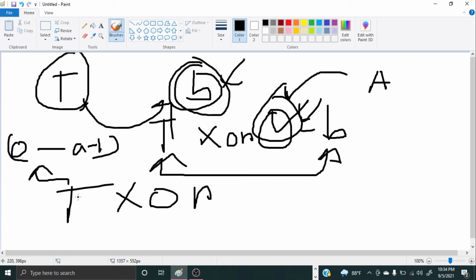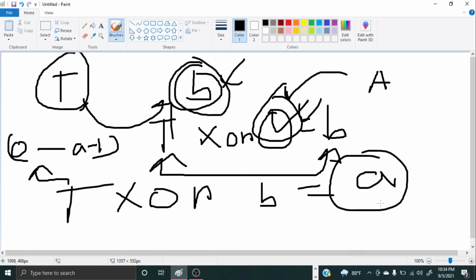We did the XOR operation of t and b. What if this XOR operation gives a value equal to a? What does that mean? It means that I have to add this value in my array, but that is not appropriate.